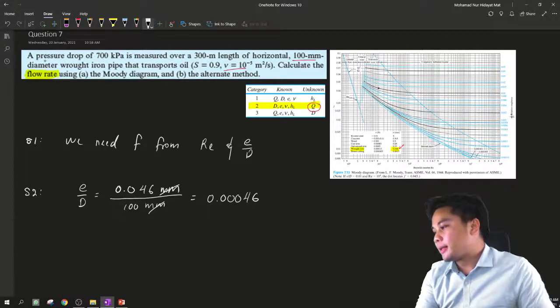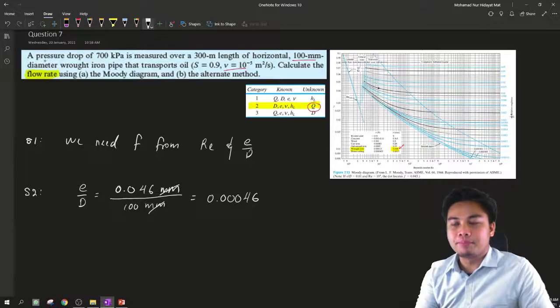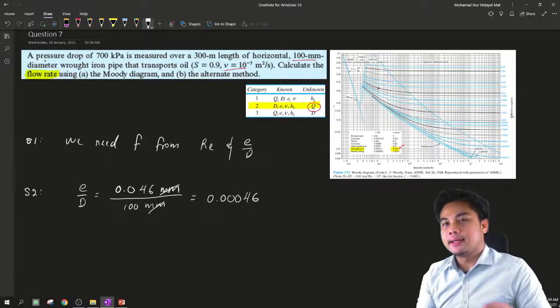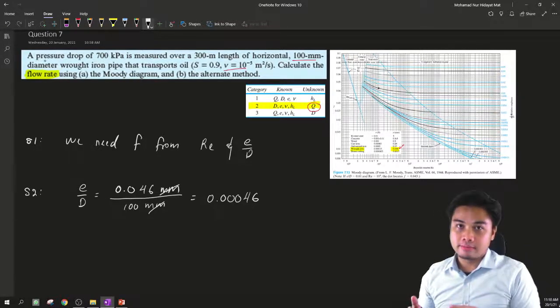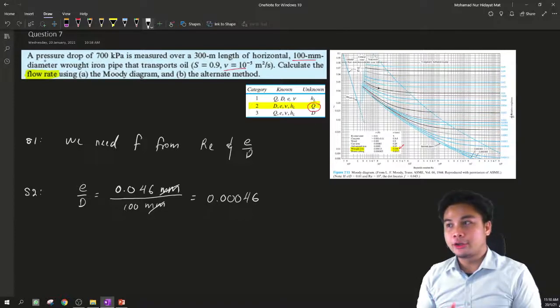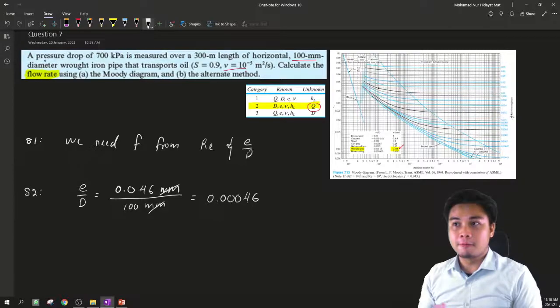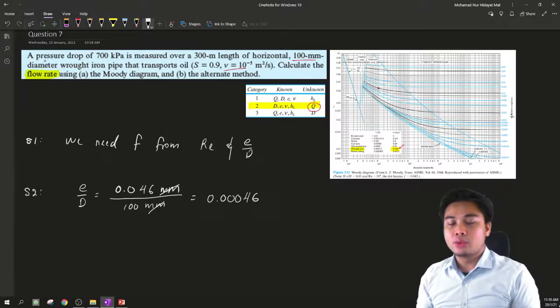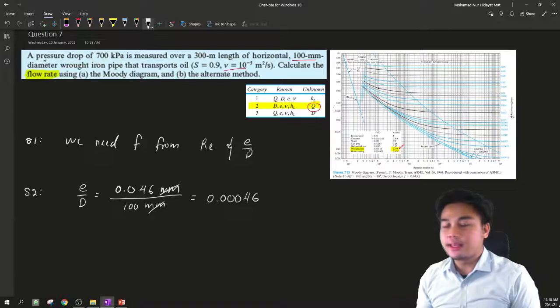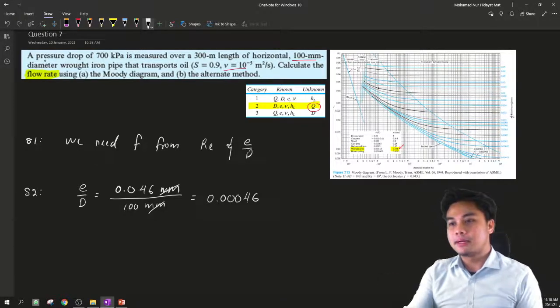Since the velocity is not given, it is difficult to get the Reynolds number. So you can make an assumption that the flow is completely turbulent. When the flow is completely turbulent, the Reynolds number is very big, effectively infinity.